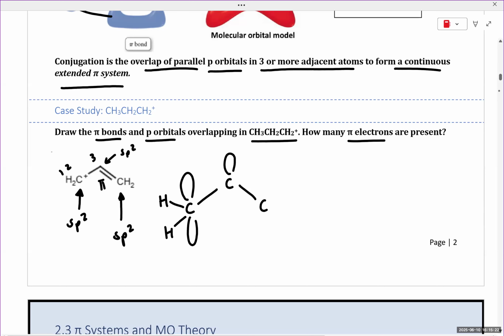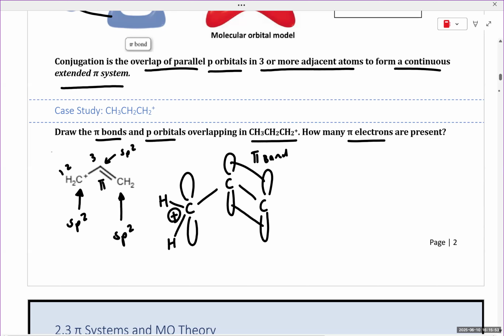The central carbon also has a p orbital, as does the carbon on the right. However, these two carbons are sharing electron density via a pi bond. These p orbitals are overlapping to form a pi bond. This carbon on the left has a lot of positively charged character. It's a carbocation.